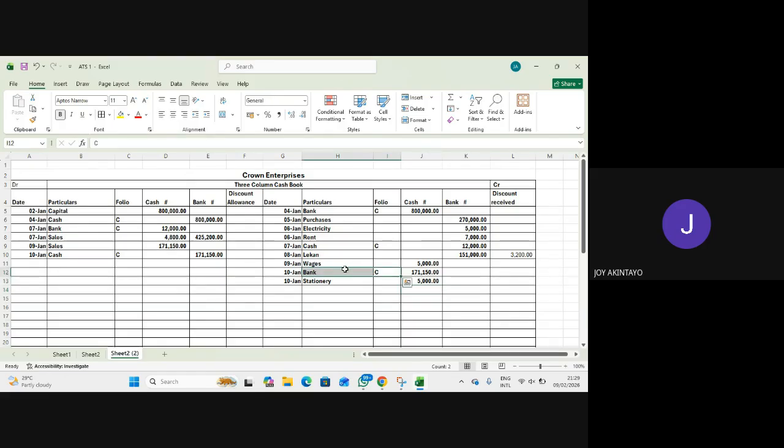Next thing, received from Abaya 392,000 by cash and allowed a discount of 8,000 naira. This also is two transactions.